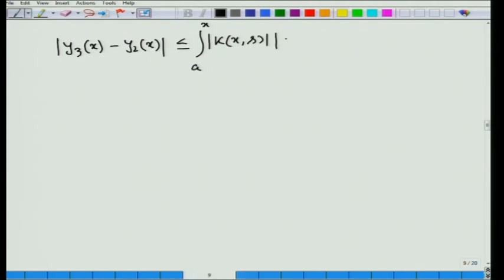So, in the next step, modulus of y 3 x minus y 2 x will be less than or equal to integral a to x. After taking modulus inside, we will be having k x comma s, then modulus y 2 s minus y 1 s ds.